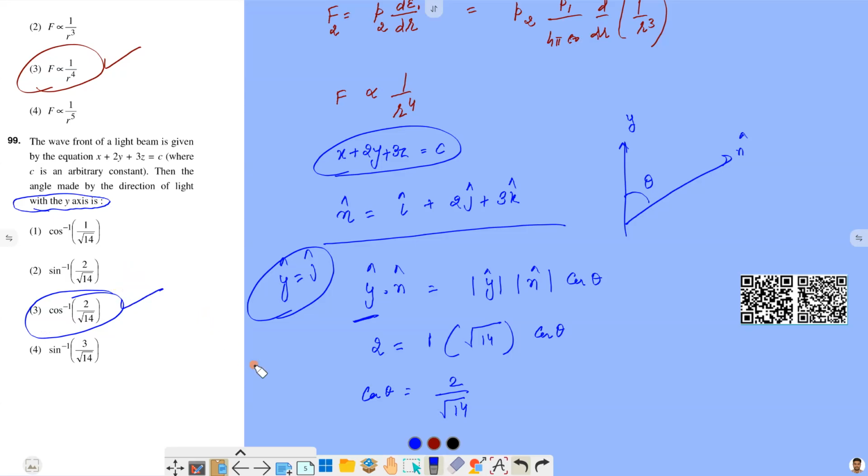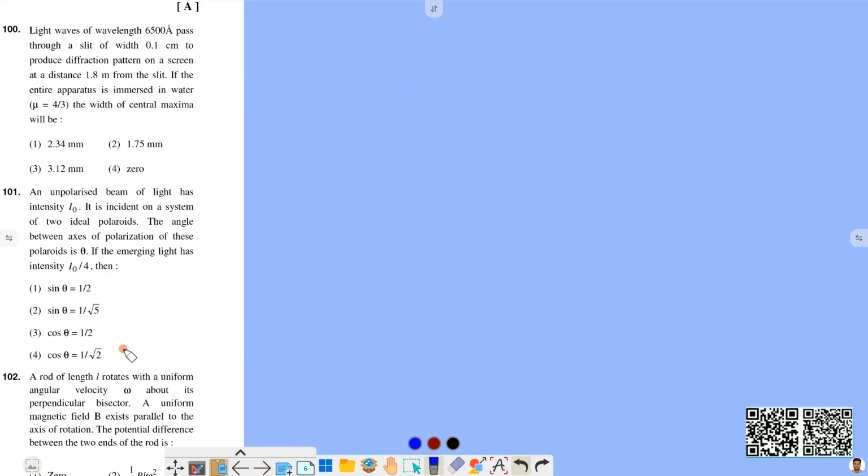Now let us move to the 100th question. A light wave of wavelength 6500 angstrom passes through a slit of width 0.1 centimeter to produce a diffraction pattern on a screen at a distance of 1.8 meter from the slit. If the entire apparatus is immersed in water, then find the width of the central maximum.